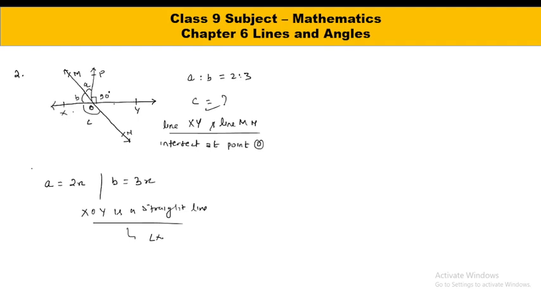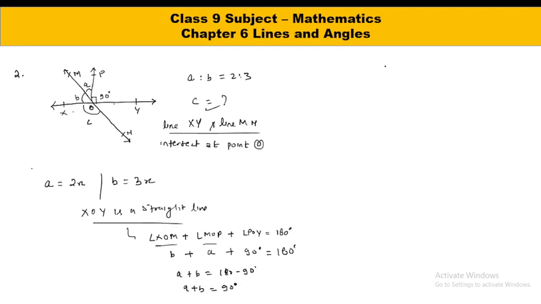That is angle XOM plus angle MOP plus angle POY will be equal to 180 degree. This XOM is angle B, MOP is angle A, and POY is already given as 90 degree, and equal to 180 degree. Then angle A plus angle B will be equal to 180 minus 90 degree. So angle A plus B will be equal to 90 degree.